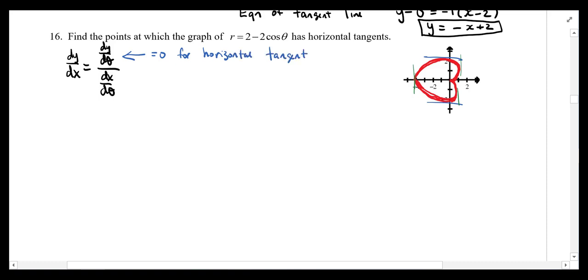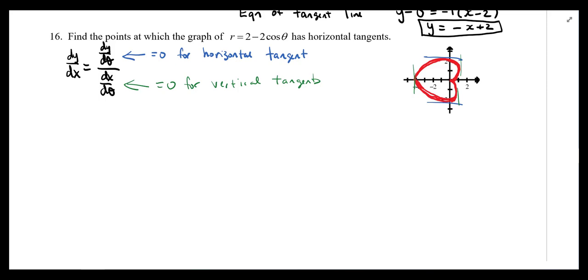And, yeah, you guessed it, I need the denominator to be equal to 0 for vertical tangents. All right, so that's what you need to do. You need to find dy d theta, set equal to 0, solve. You do that with dx d theta, set equal to 0 and solve. All right, so I've told you the game plan. Now let's see if you can execute the actual calculations.